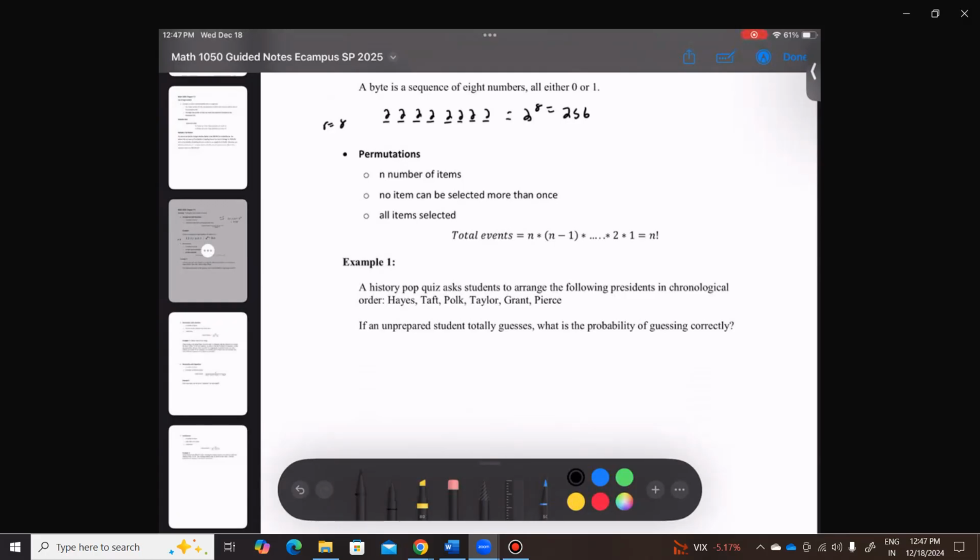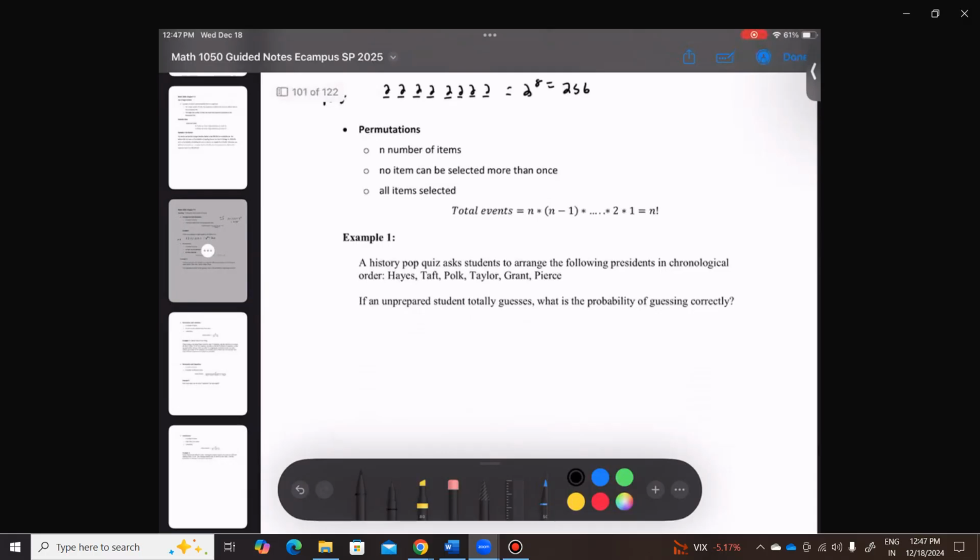All right, so in this case, for the first item, you have n chances. You can select any of the n items. The next item, you have n minus 1 chances, because you can't select the one you selected first. And then the next one, you have n minus 2 chances, because you can't select the first 2.